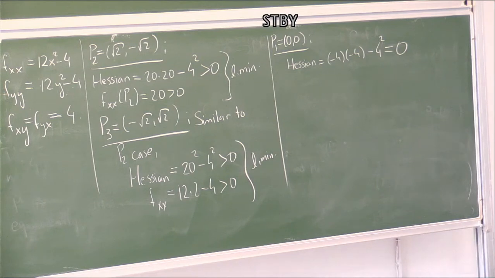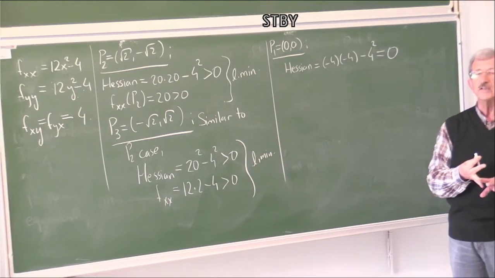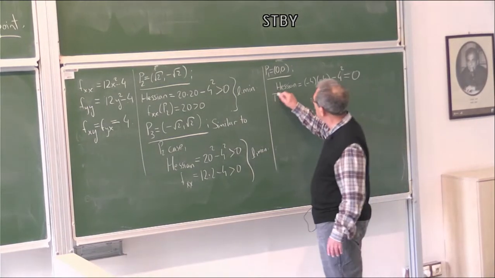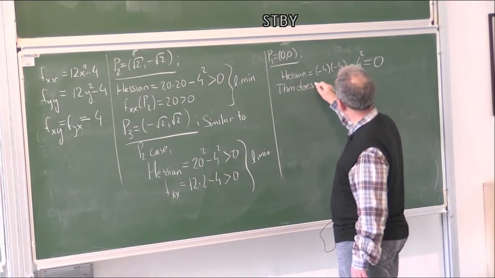So this tells us nothing. Namely, we cannot use the theorem. The theorem says something if the Hessian is negative or positive. It doesn't say anything if the Hessian is 0. So the theorem does not give any information.